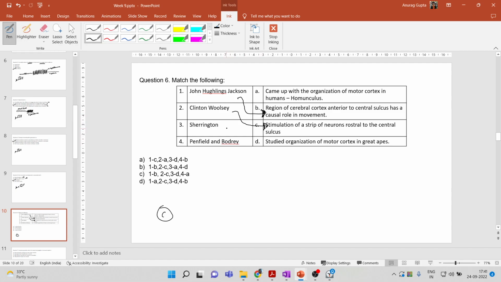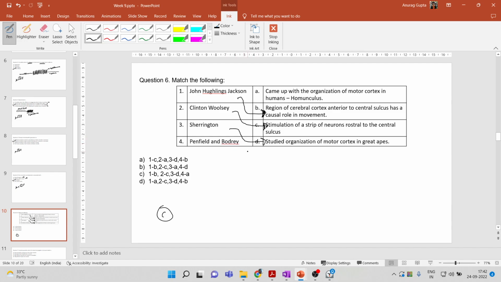Then we have Sherrington, who studied the organization of the motor cortex in great apes, and he did this by using microstimulation-based studies. And then we have the classic works of Penfield and Boldrey.